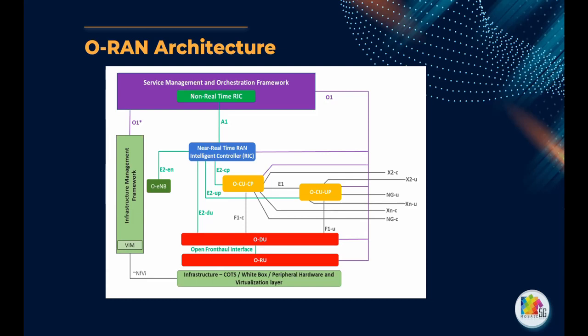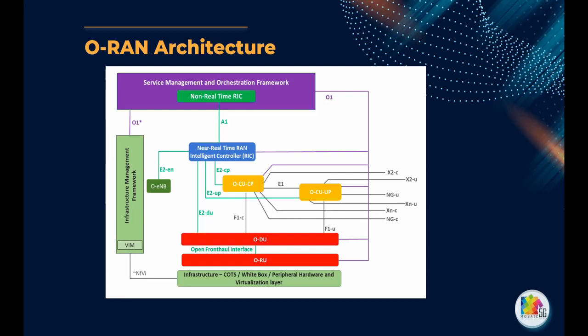So there is this interface E2 that you see, E2 DU and E2 UP and E2 CP, that goes to the near real-time RIC. RIC stands for RAN Intelligent Controller. So this E2 is one of the interfaces standardized by O-RAN, which is a very generic specification, which is vendor neutral.